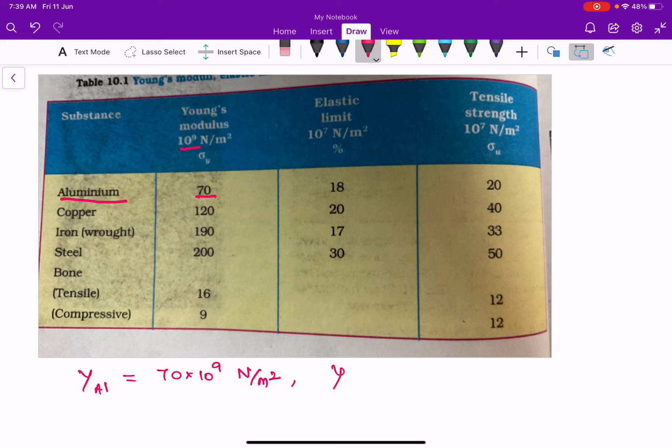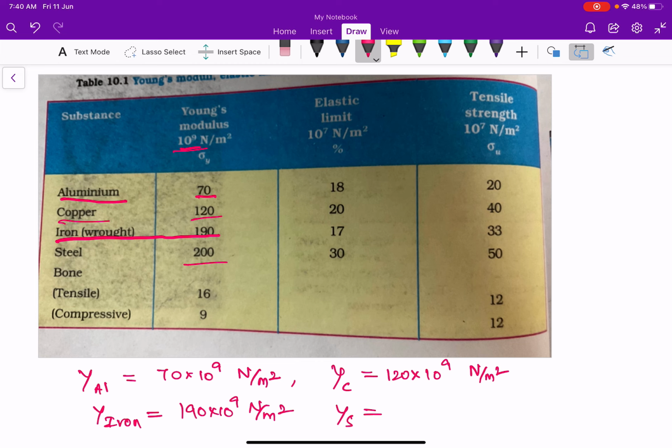For copper it is 120 into 10 to the power of 9. For iron it is about 190 into 10 to the power of 9, and for steel it is 200 into 10 to the power of 9 Newton per meter square. Among aluminium, copper, iron and steel, Young's modulus is highest for steel.